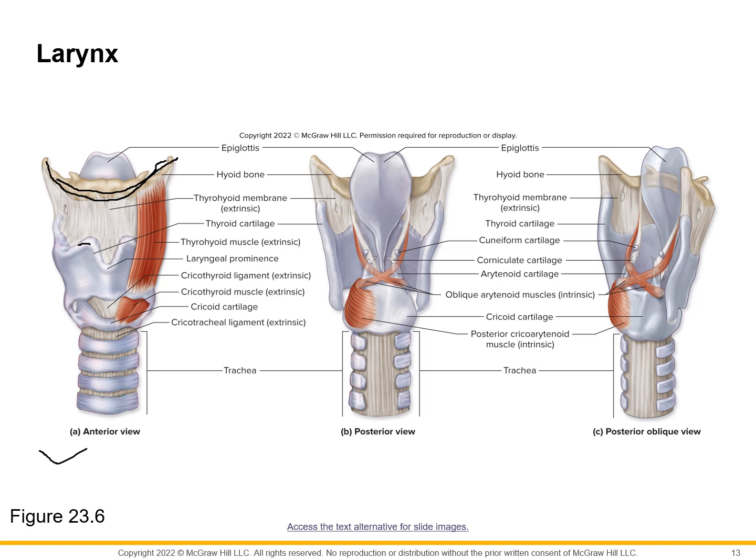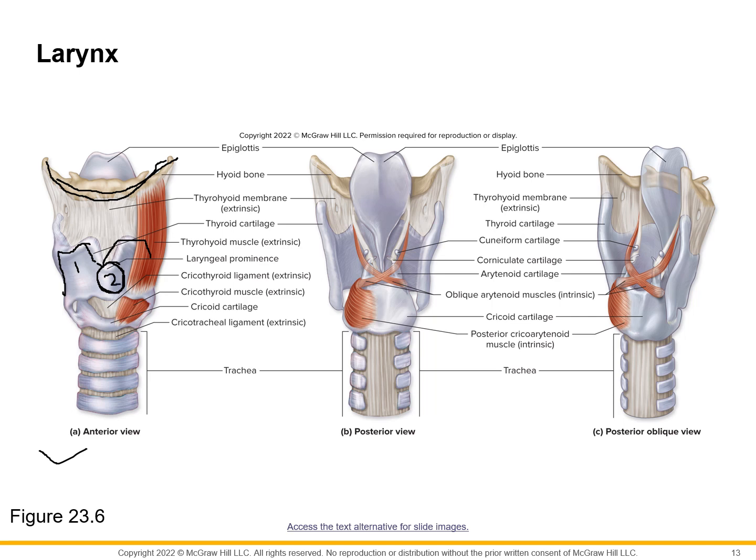Anteriorly, this cartilage right here is called the thyroid cartilage. So number one is thyroid cartilage. Over here you have a prominence, the laryngeal prominence, which is more prominent in males.